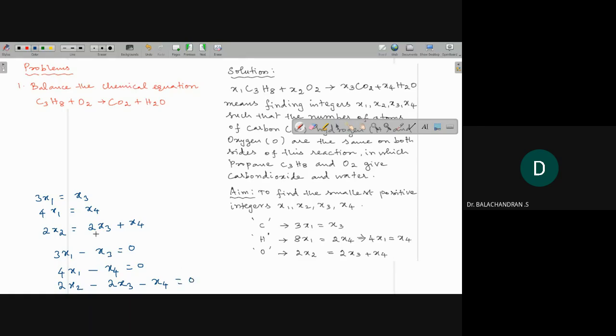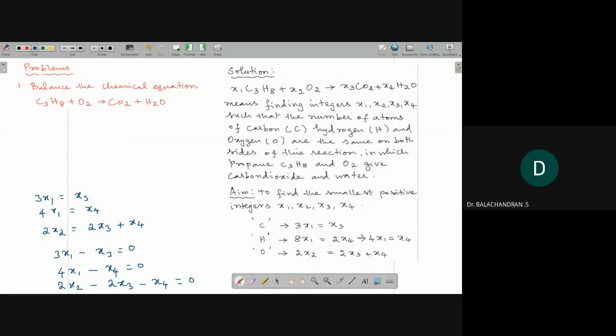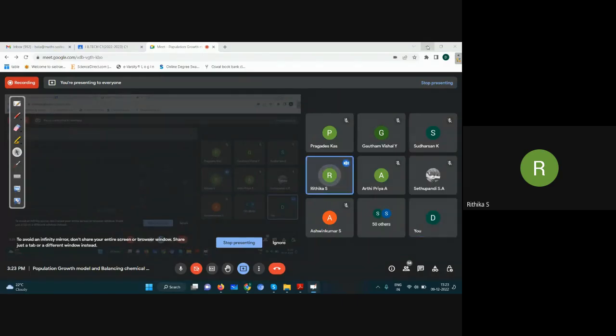So from this you should form the matrix. The matrix first row is what? Sir, I cannot see it. You cannot see it? I think I shared the screen. Is the screen visible to you or not? Yes sir, but you are not writing in it.